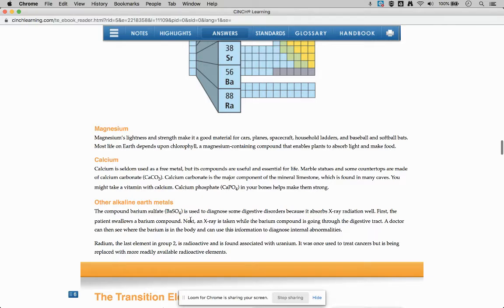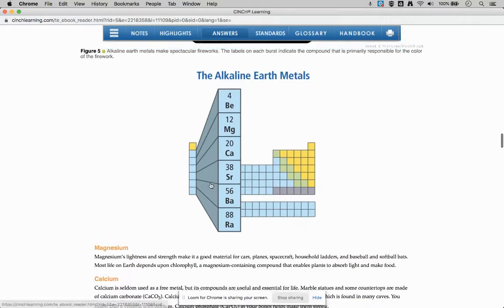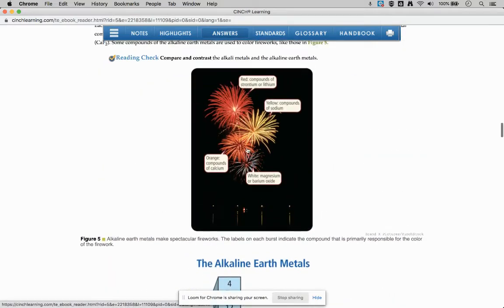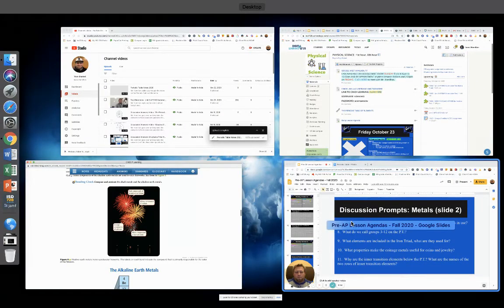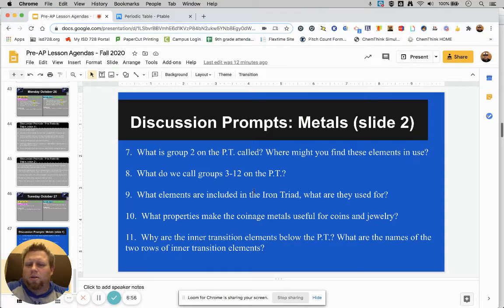And then you have other uses like X-ray radiation and things like that. So alkaline earth metals have a lot of different uses. But their most prominent one is probably the firework usage, because they burn at different temperatures, which causes them to produce different colors. And so that's why they use them for fireworks.